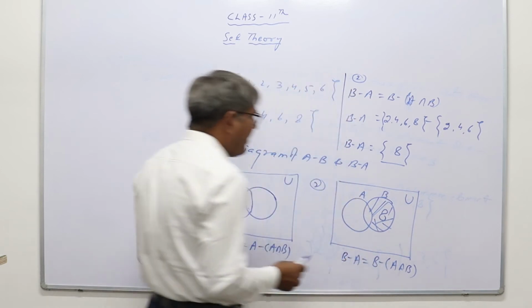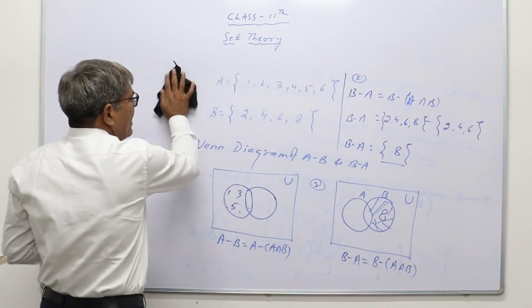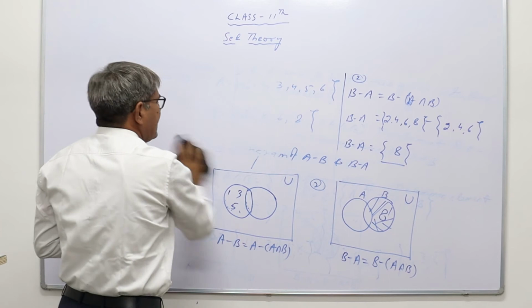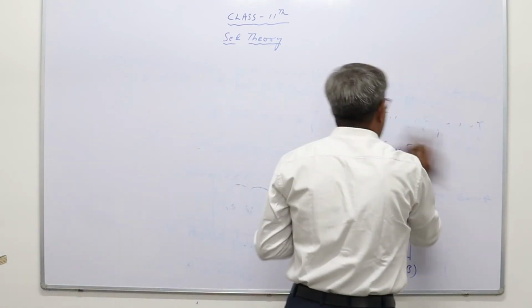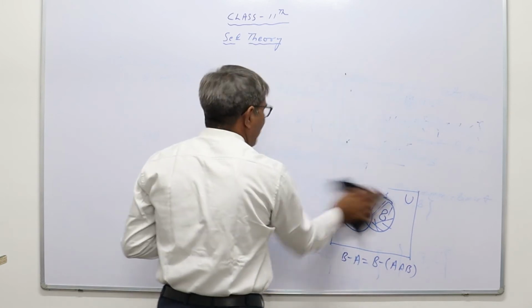So this is your B minus A. In this way, we will find A minus B. So this was about the difference of two sets.